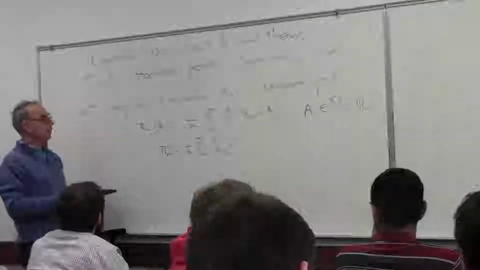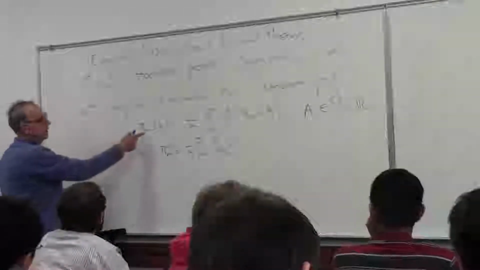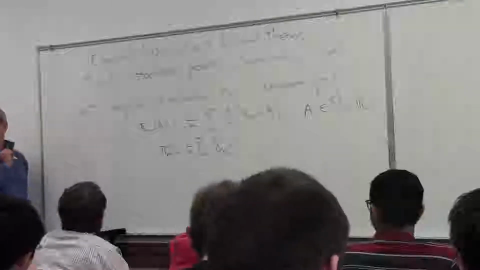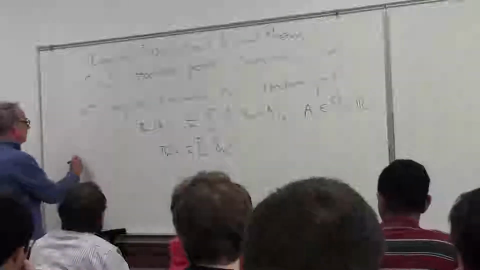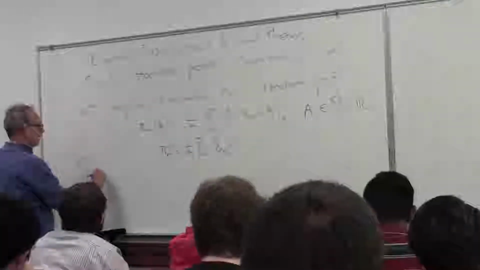One thing that's useful is when you integrate something. Suppose I want to take the expectation of a function with respect to this empirical distribution. So I want to integrate some function f of x pi m of dx.